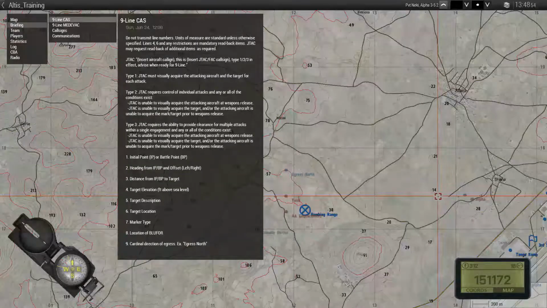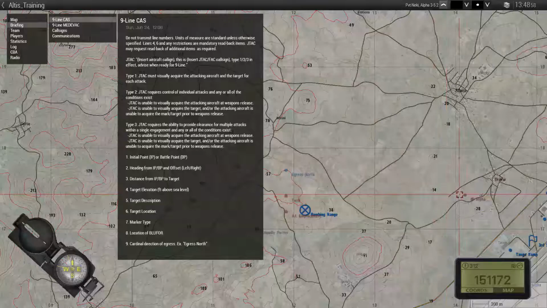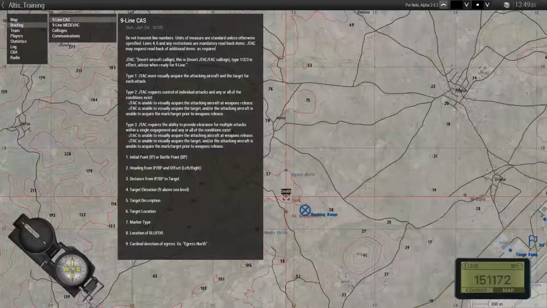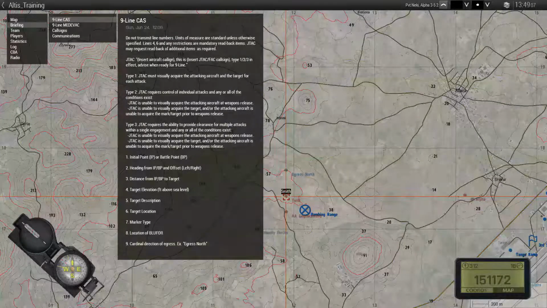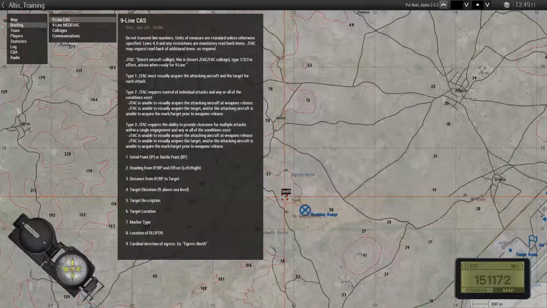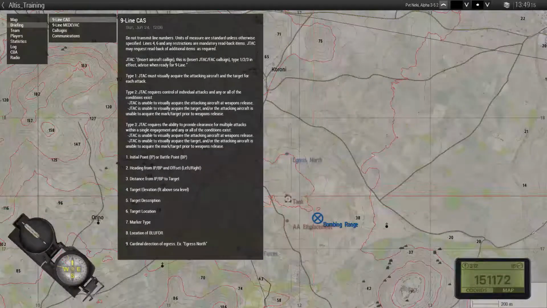Distance to target approximately 2 kilometers, break. Target elevation approximately 60 meters, break. Target description: tank, break.